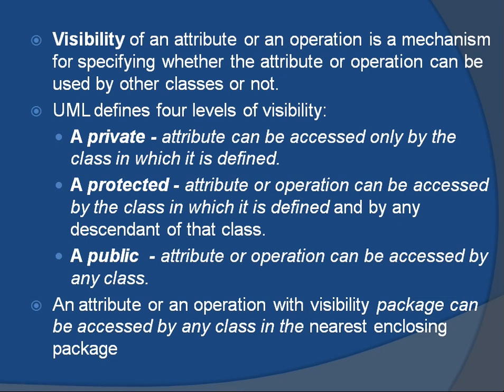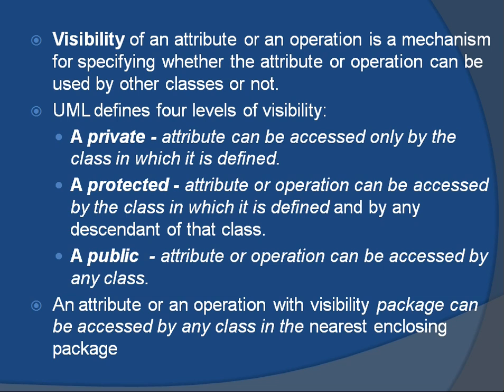Visibility of an attribute or an operation is a way of specifying whether the attribute or operation can be used by other classes or not. UML defines 4 levels of visibility. First one is private. Here the attribute can be accessed only by the class in which it is defined. The second level of visibility is protected.